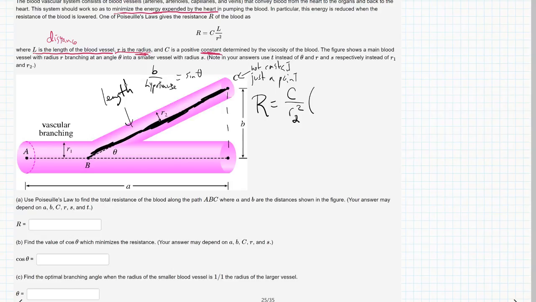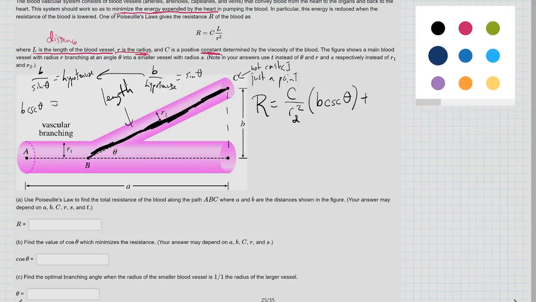So if we're solving for the hypotenuse, that equals B over sine theta, or another way to say that, that's equal to B times cosecant of theta. So this is just B cosecant theta. So that's that first part.